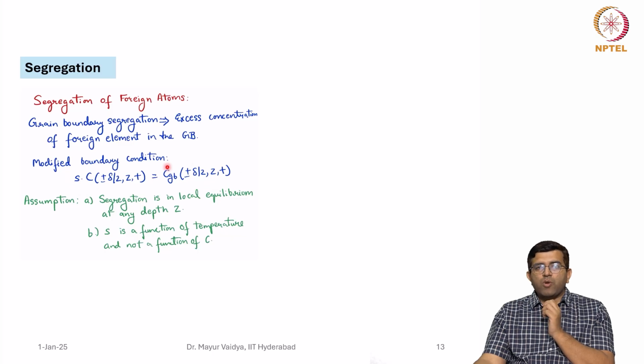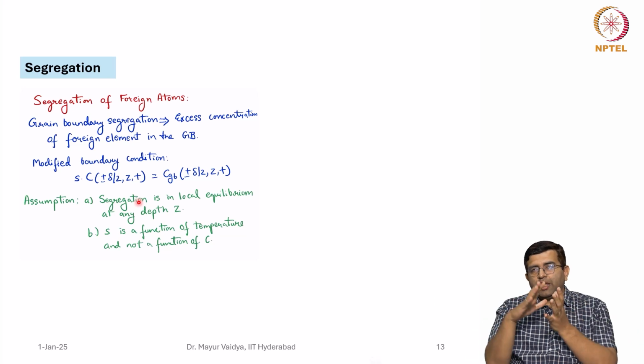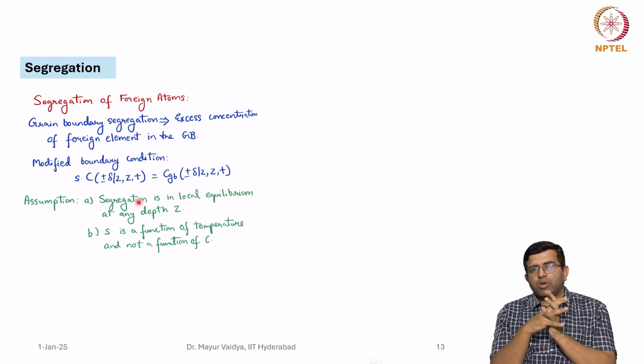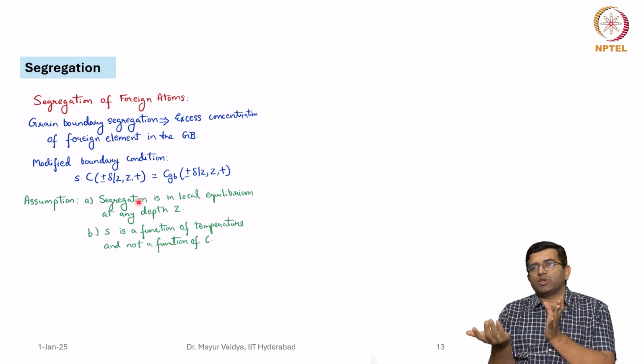And for this boundary condition also to be valid, it is assumed that the segregation is in local equilibrium. That means there are no changes as you change the time. So, the segregation has achieved local equilibrium at any given depth, and also S is only a function of temperature and not a function of C itself.